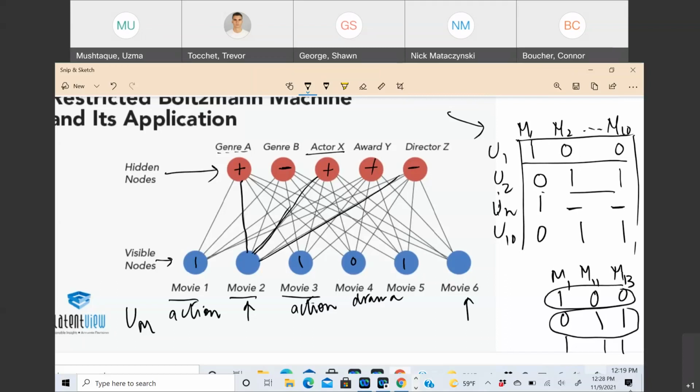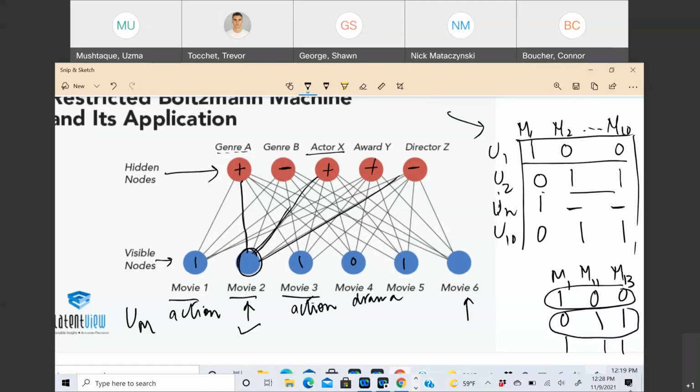Because I have more plus than minus, I can maybe recommend this movie to this user, depending on whatever higher weights I have. So basically I'll have to do a backward pass and see where exactly this movie lies, whether this user likes this or not, and how many positives there are. If I have more positives than negatives, maybe I will recommend this movie to this user.